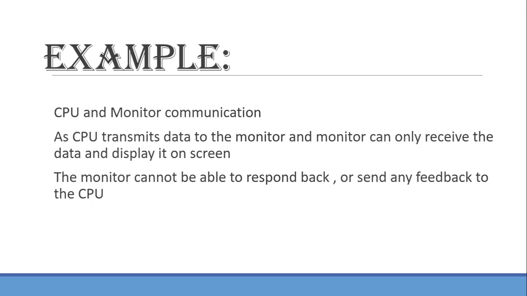It is simple: the CPU transmits the data and the monitor just displays it on the screen. The monitor doesn't give a response or feedback. So it is in the category of simplex transmission mode, when you only have to transmit the data from the sender to the receiving end.